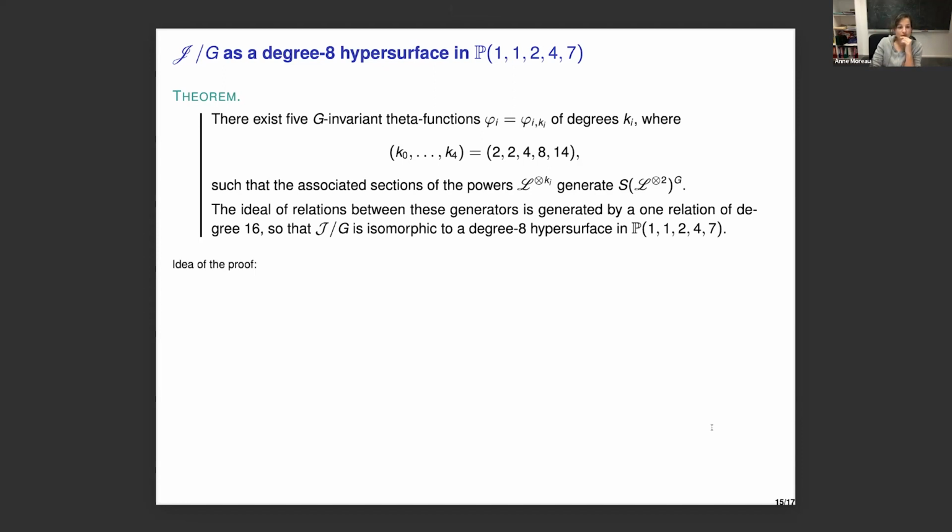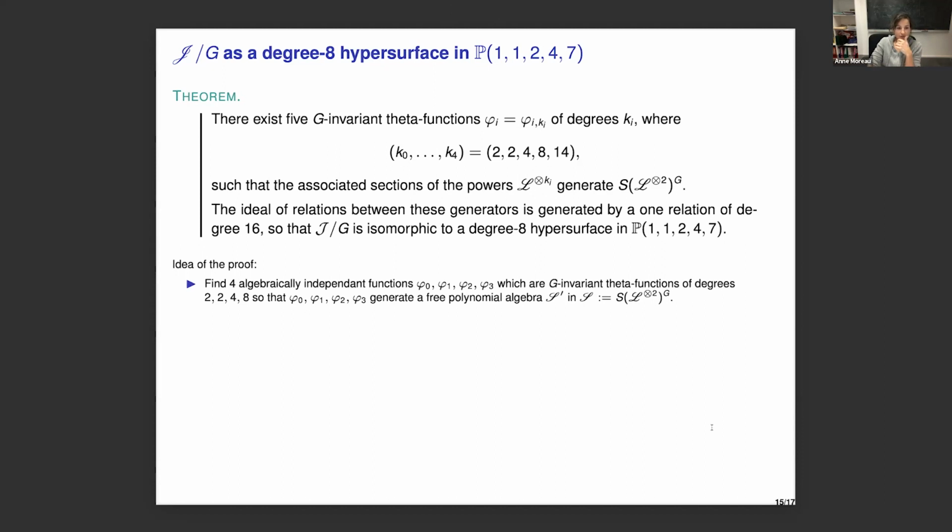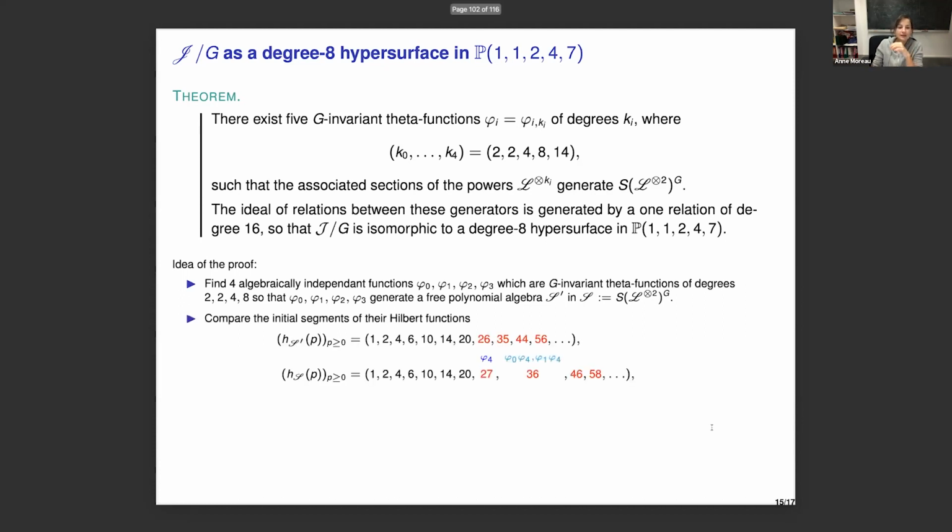So the idea of the proof is the following. First, we found 4 algebraically independent functions, which are essentially G-averages of theta functions with appropriate degrees, so 2, 2, 4, 8. These functions generate a free polynomial algebra, let's say S'. And then we compare the Hilbert function of this subalgebra and the big one. Whatever the numbers, you notice that up to degree 6, so 0, 1, 2, 3, 4, 5, 6, they coincide.